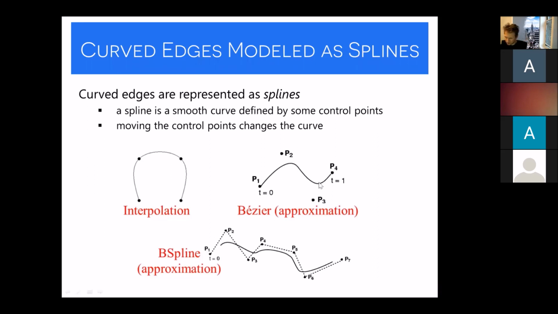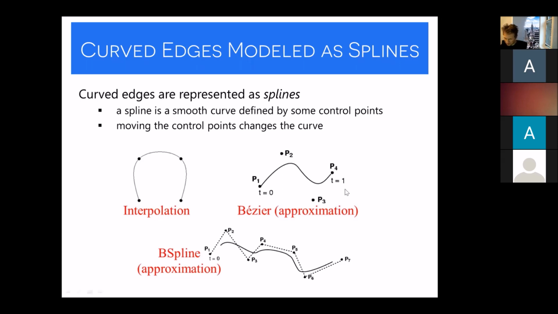As I move t from 0 to 1, I use these control points, P1, P2, P3, and P4, and try to make the line go closer to them. Here the line is attracted to P2 but doesn't reach it. Now it's attracted to P3 and doesn't reach it, and then it's attracted to P4. I can represent P1 and P4 multiple times, and then the line will actually go there.